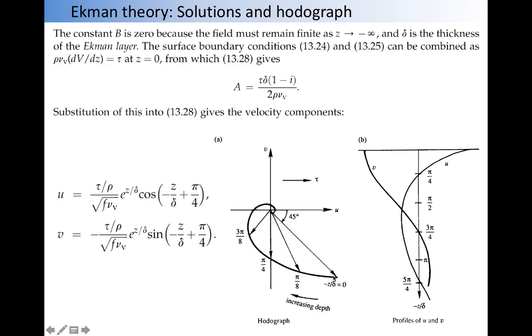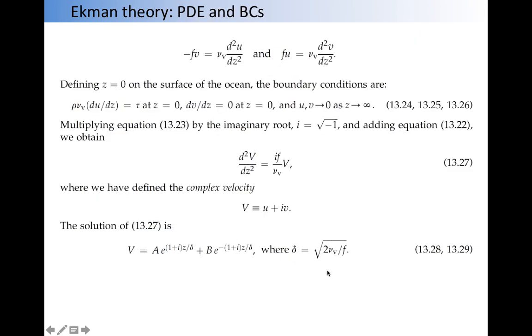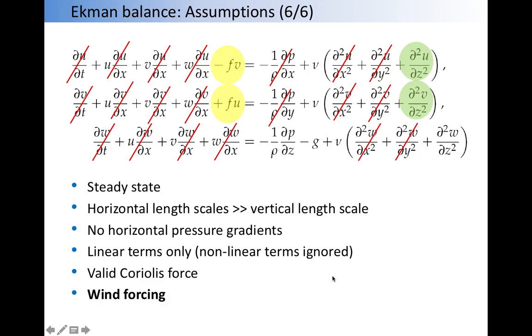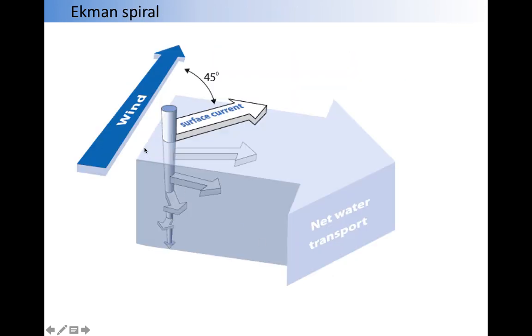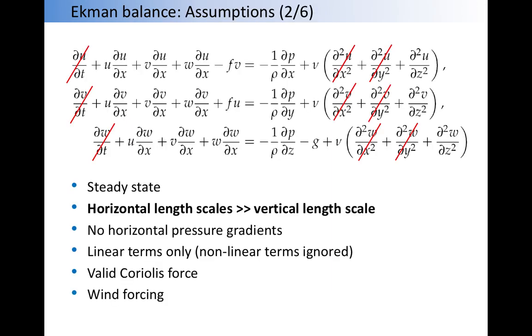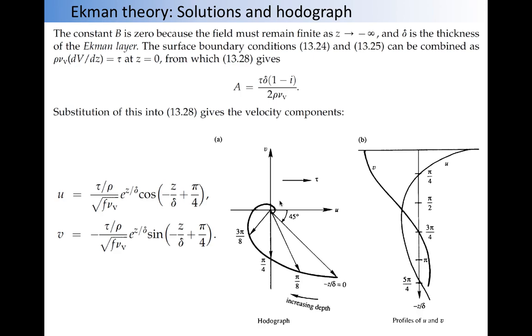So if you look from the top of the Ekman layer, with the wind blowing, in the subsurface their wind-driven currents spiral, will be reduced, and there will be rotation. In the northern hemisphere, it's clockwise. Otherwise, it's counterclockwise.